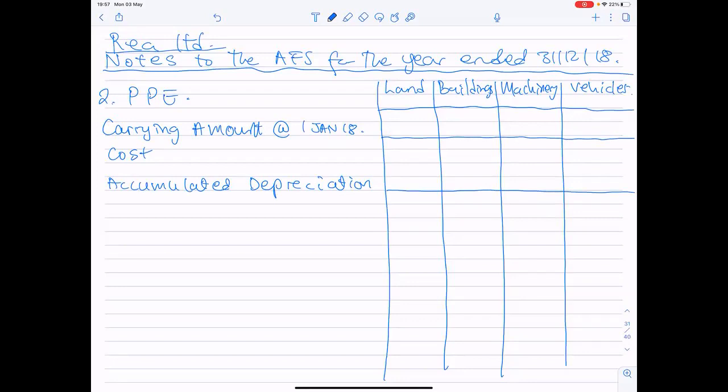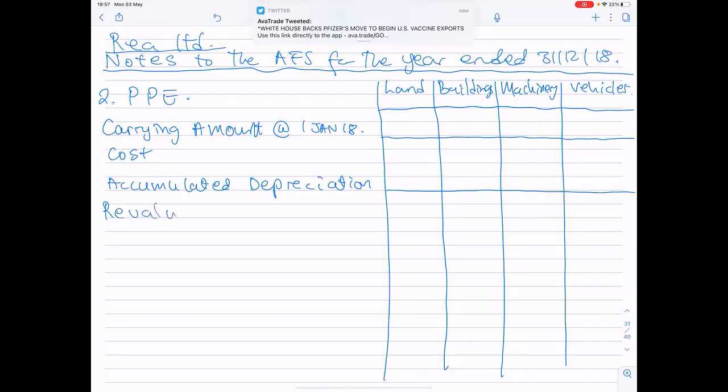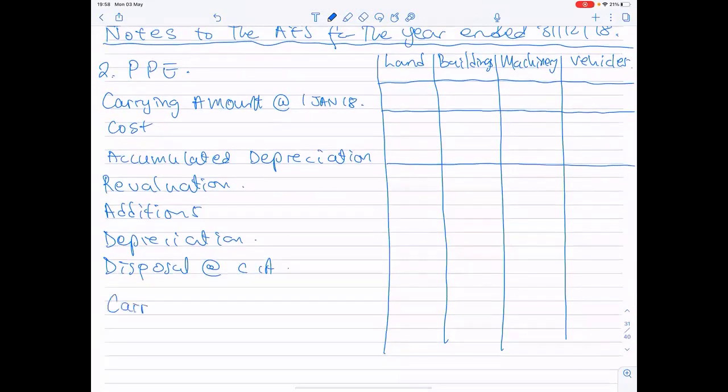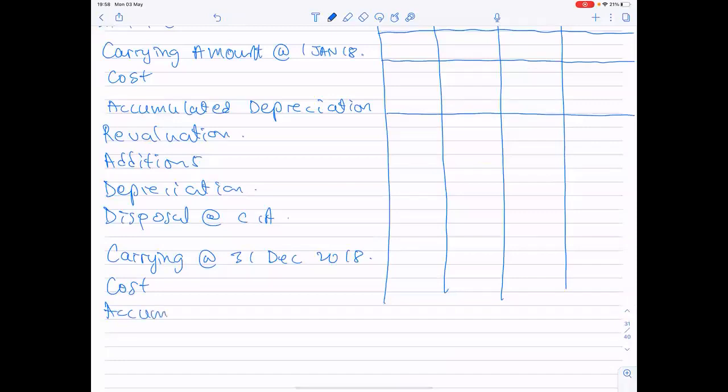We see that the entity is using the revaluation model. So there will be a revaluation during the year. There will be additions, okay? There will be depreciation of the asset. There is obviously the disposal at carrying amount. Then you jump lines in case of other things that we might have forgotten. We have our carrying amount at 31 December 2018, constituting of the cost and accumulated depreciation.